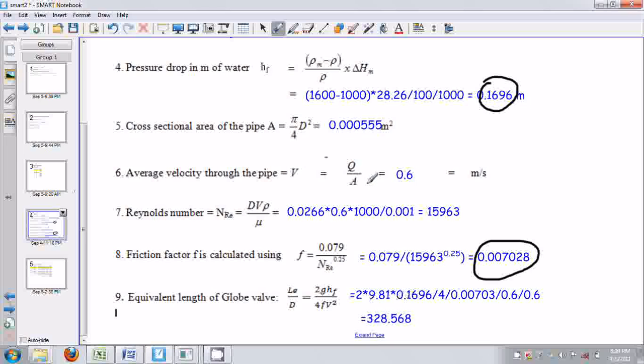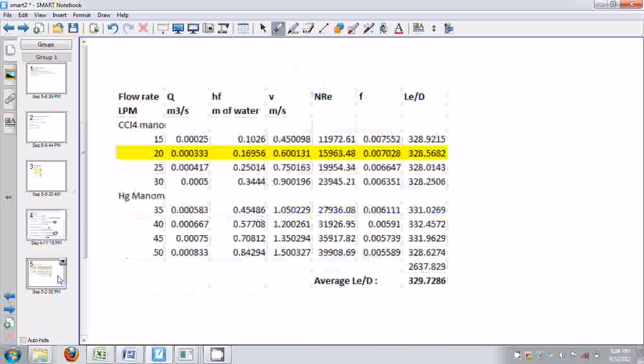V is the velocity, this value. With this, LE by D is giving 328.568, meaning the equivalent length of a globe valve is 328.568 times the diameter of the pipe. Like this, all the calculations can be done for all flow rates.